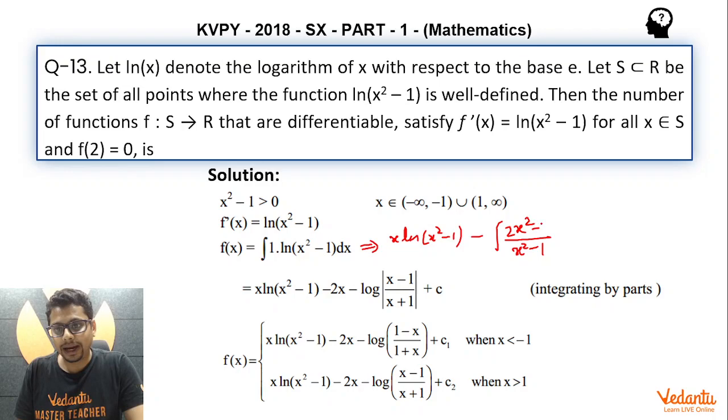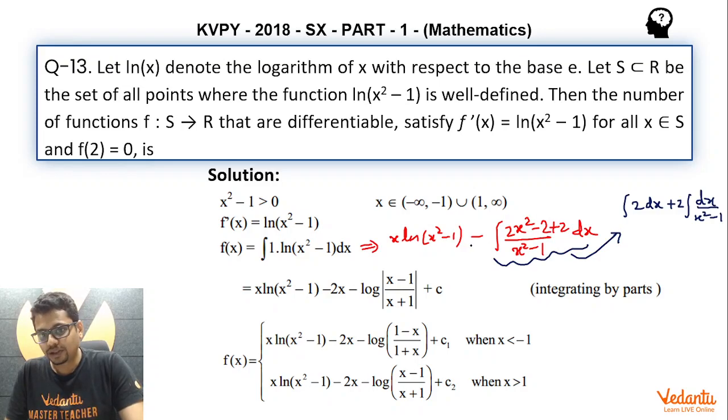Now here let me do minus 2 plus 2. Now what about this expression? So this expression, excluding this minus sign, would essentially be this. The integral of 2 will be 2x with minus sign, minus 2x. The integral of dx by (x square minus 1), 2 times of that would be ln|(x minus 1) by (x plus 1)|, you would put the mod, and the minus sign is also there. So c is the arbitrary constant.